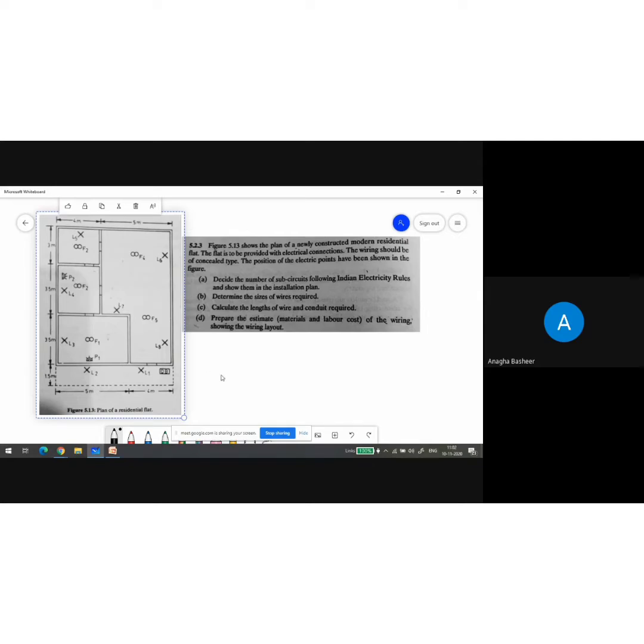The symbols I will explain. Cross symbol represents light point. Fan point is represented using this symbol. And one more symbol is there. This is for power plug.